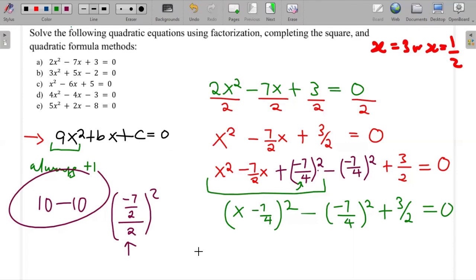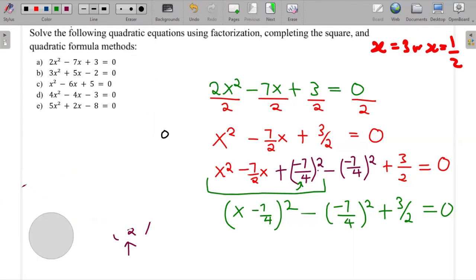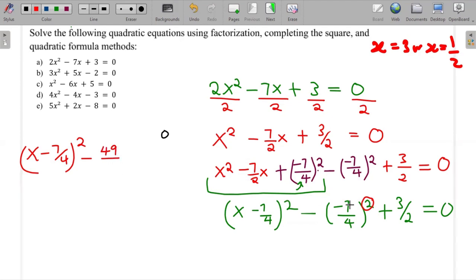So now to solve it, to see if it's going to give us the correct answer, let's do that. In the brackets there, I have x minus 7 over 4 squared, and then minus, and now you can distribute this power here to the minus 7 and to the 4. If I say minus 7 squared, I'm going to get 49, divided by, if the square goes to the 4, I'm going to get 16, right?